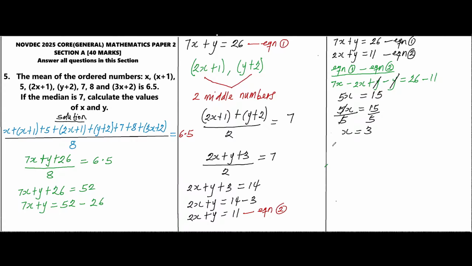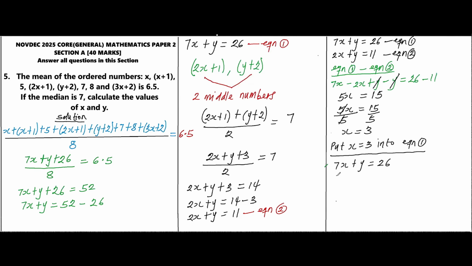To solve for y, we just have to put x is equal to 3 into any of the two equations. So into equation 1. I prefer equation 1. So equation 1, we have 7x plus y is equal to 26.